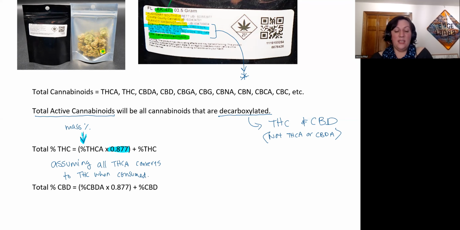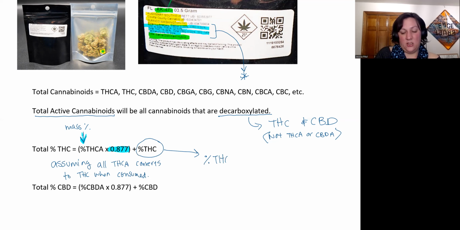All right. The other thing I was going to note here is this percent THC and just the percent THCA, and give a brief reminder of what these numbers really mean. So percent THC is equal to the grams of THC that are present in every gram of the dried flower, times 100.